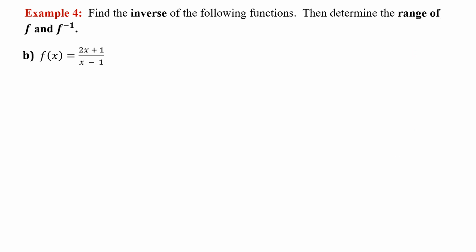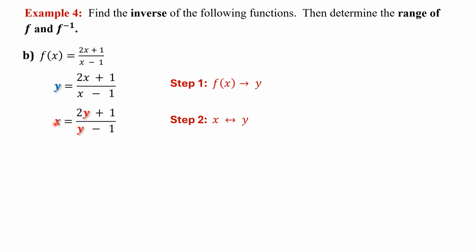Now for the second part of this question, the given function in B is a rational function. So using step 1, replacing f of x by y, we replace this function f of x by y. And then for step 2, interchanging x and y, so this y will be x and x will be y.